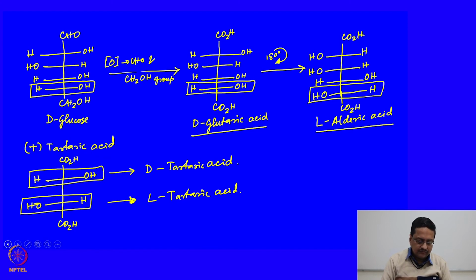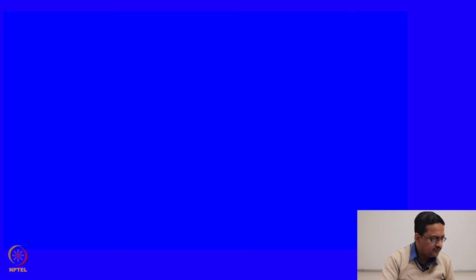So, in the following slide, we will see what happens when we do a sequence of reactions on a given compound. Suppose we take a compound which is D-glyceraldehyde. I am drawing it in the wedge dash representation.